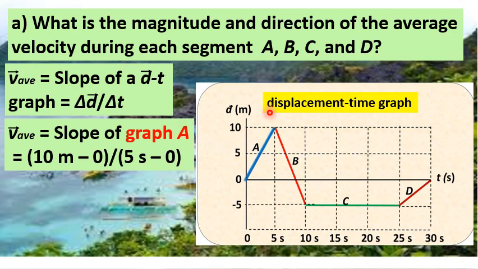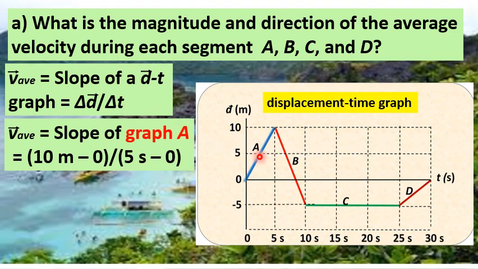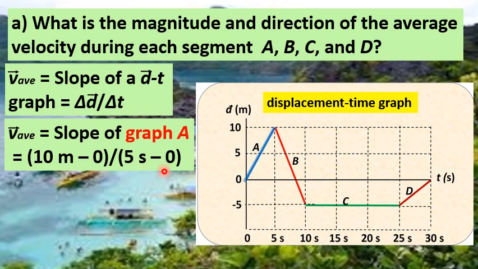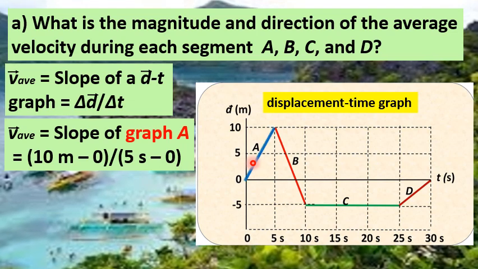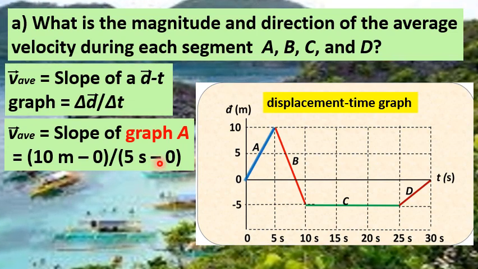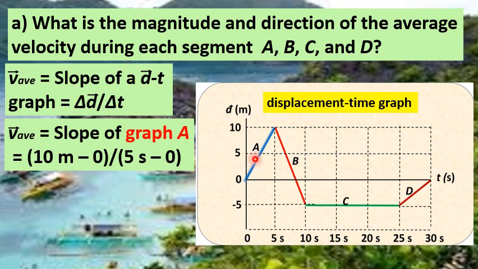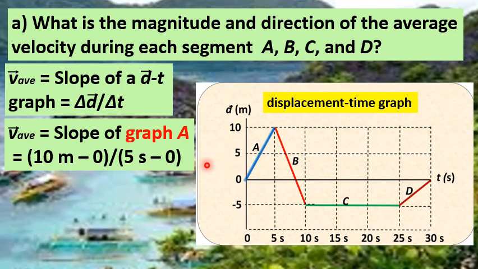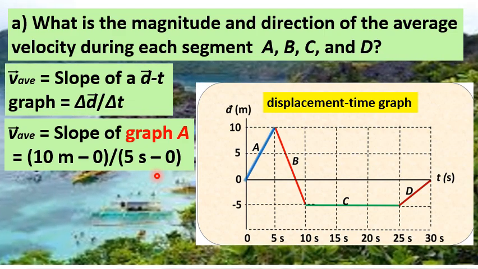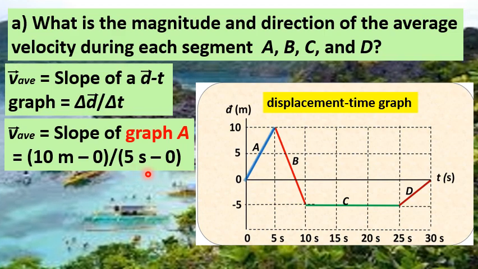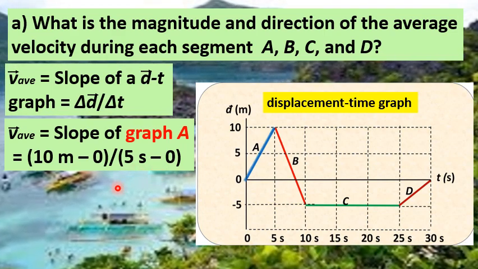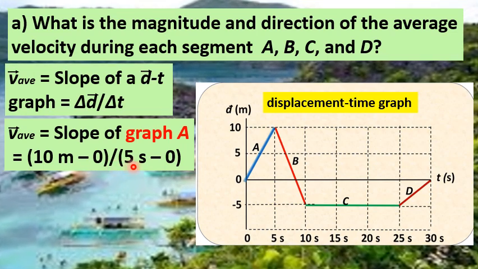That is how we describe the graph line represented by segment A. And so therefore, we can already predict that the average velocity is going to be a positive and constant average velocity.